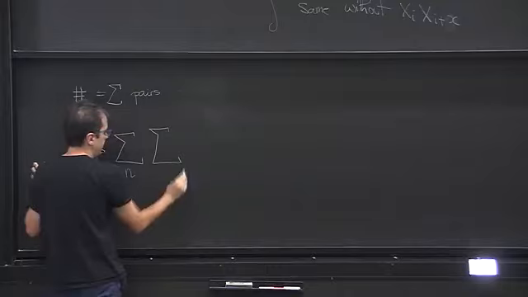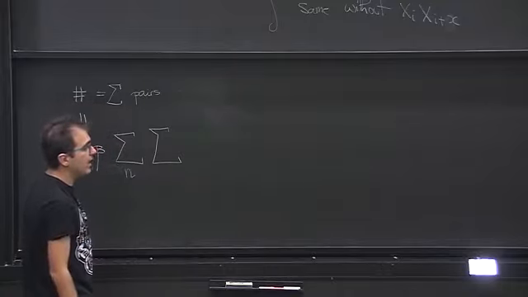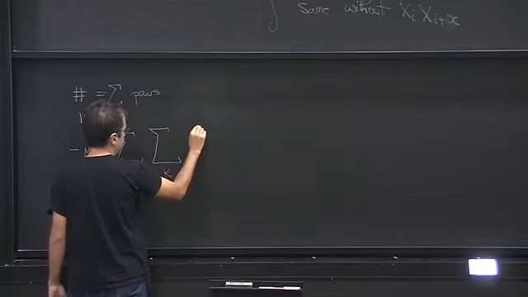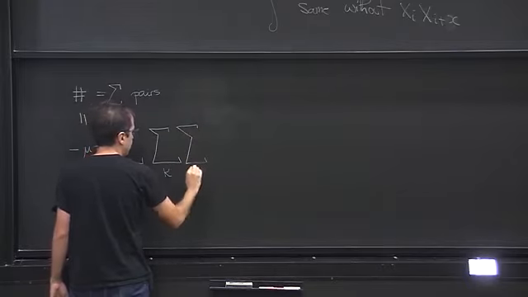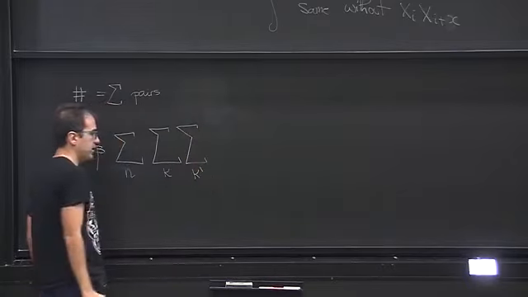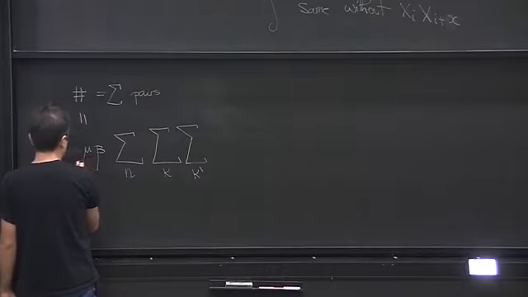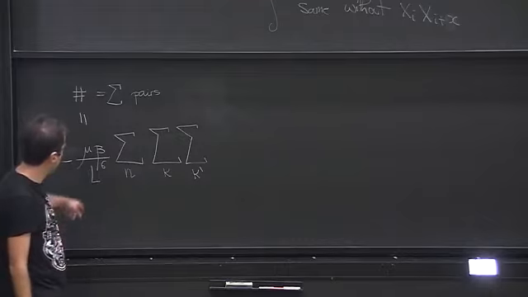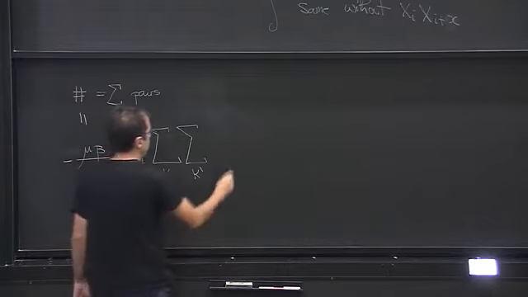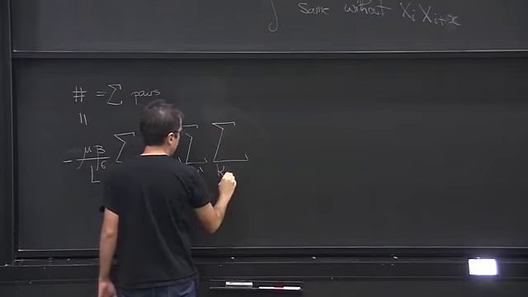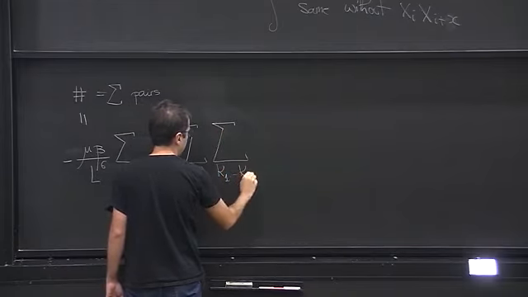That one was already there. Then for xi and xi plus k, each of them I write as a sum over k and then sum over k prime. And each of them comes with 1 over L. So in total, there would be L to the 6. So each of them we're going to Fourier. And then for the x to the 4 with Fourier with respect to k1 up to k4.